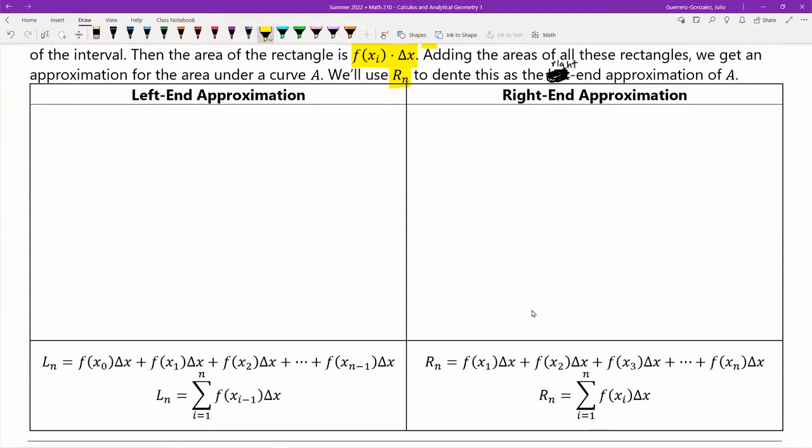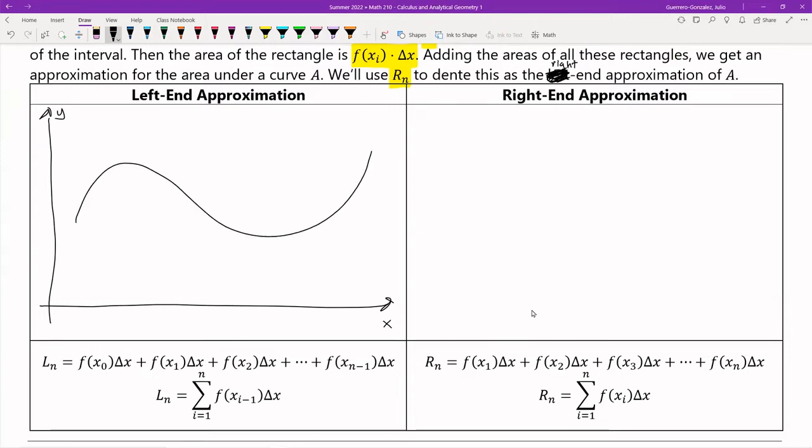Okay, so the left endpoint approximation. Let me go ahead and draw my X and Y graph, right? Here's my X, here's my Y, and here's my function. Let me make it a little less pronounced, maybe a little higher. There we go, I like that. Okay, here's our function, right?